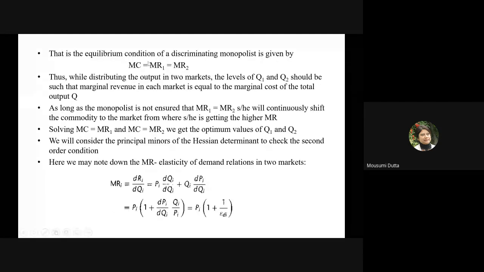So that is the equilibrium condition of a discriminating monopolist: MC is equal to MR1 is equal to MR2.